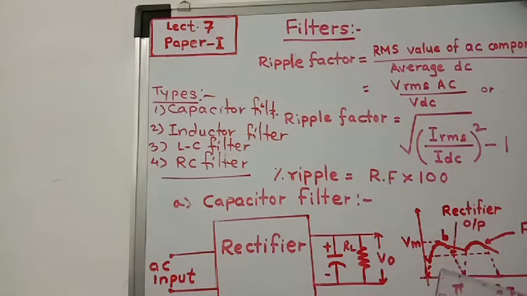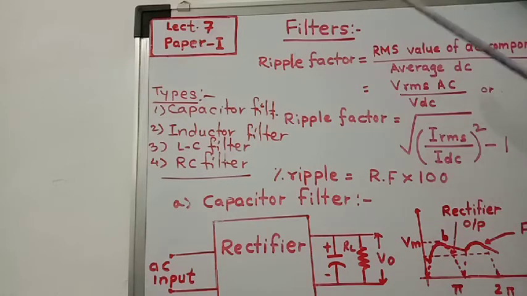So to get smooth or pure DC voltage, these unwanted AC components or ripples should be filtered, or removed from the DC output. So filter circuits are used.